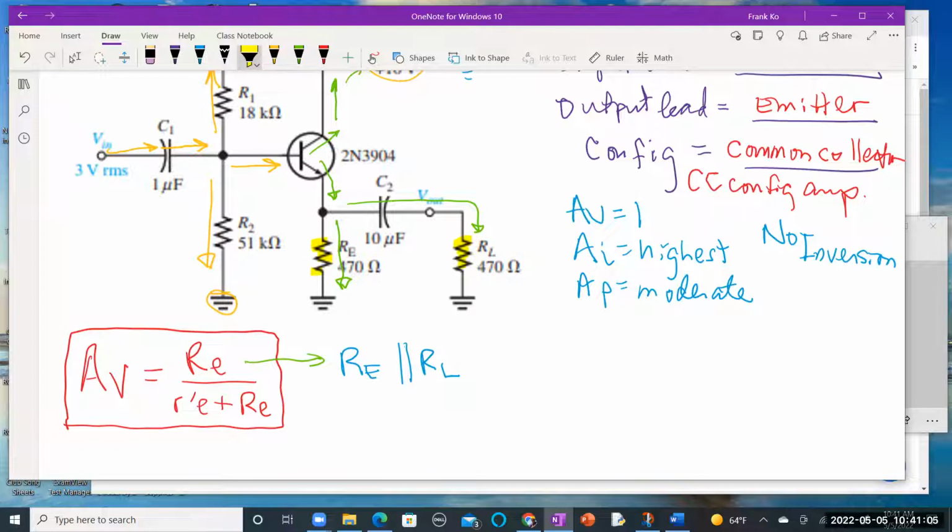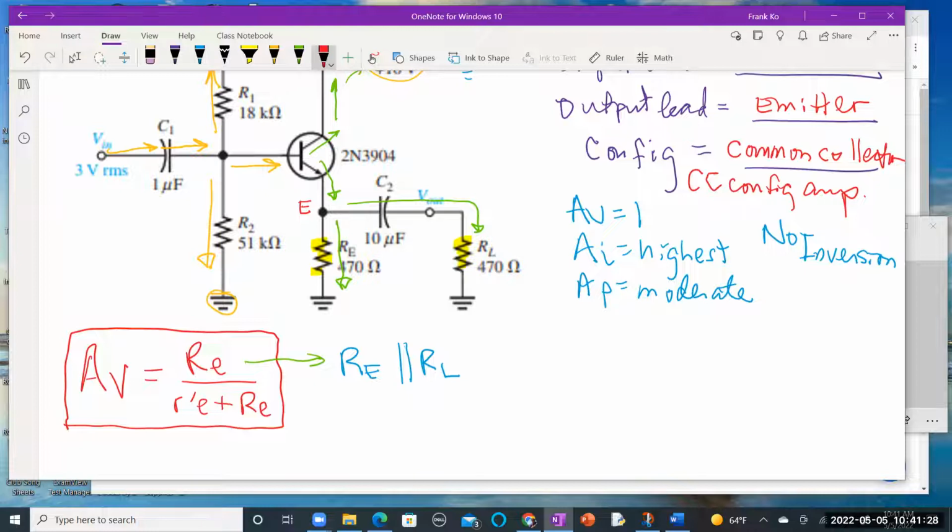They both meet right here at a node called emitter, and they both connect to ground. So if the top of these is connected to E and the bottom is connected to ground, therefore they are in parallel with each other. Can you calculate the parallel relationship between those two?